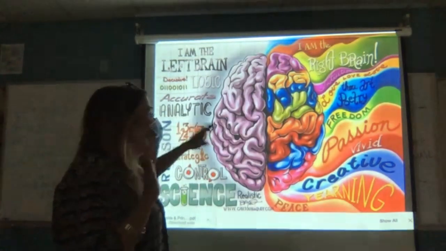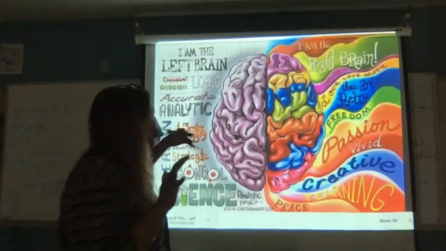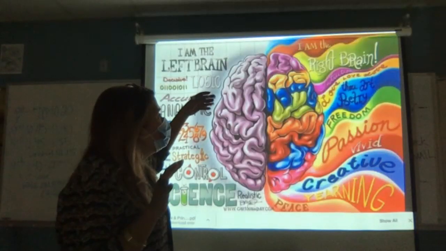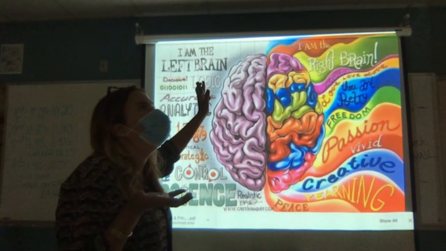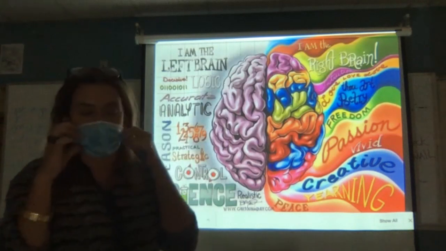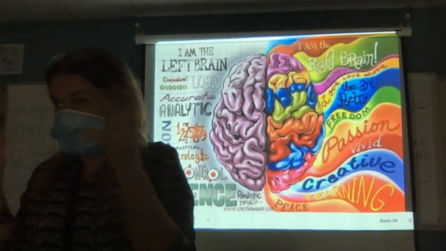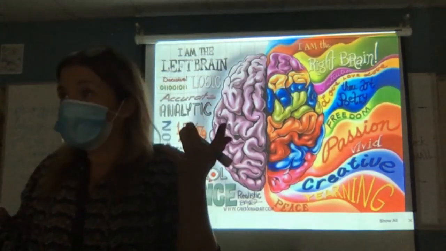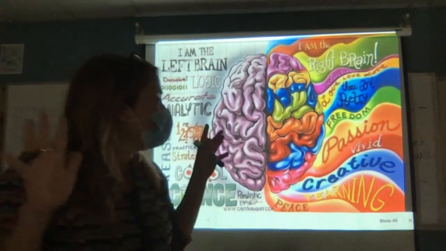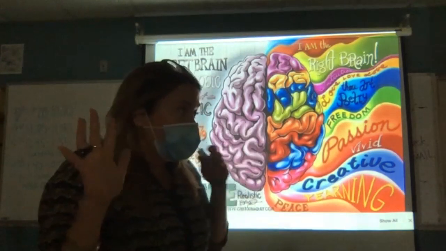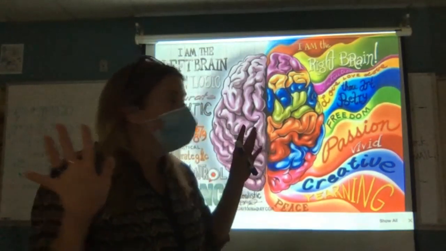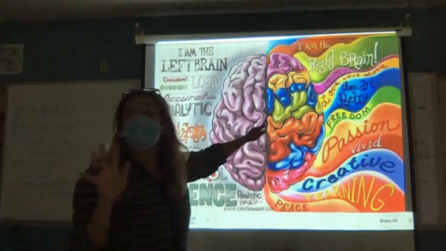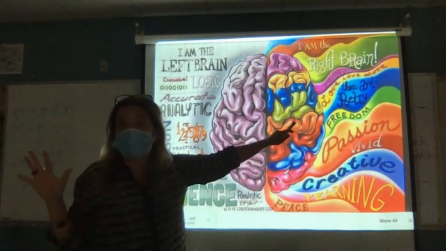Now, why is this important in here? How old are you when you go to kindergarten? 5 or 6. Okay, 5 or 6, perfect. Well, before you go to kindergarten, this is your world, your right side of your brain.